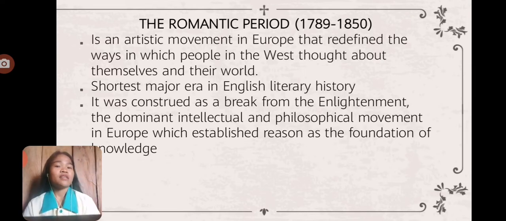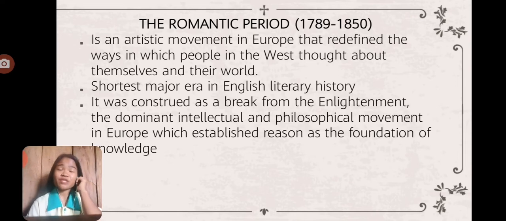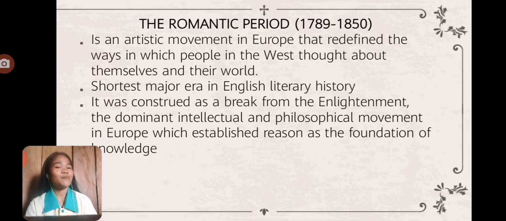It is recorded that the Romantic period was the shortest major era in English literary history. It only lasted 54 years, while the other periods lasted 100 years, like for example the Old English period.